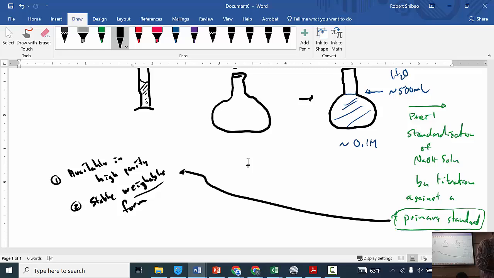If something only weighed in single digits, that would give me 5 sig figs. If it weighed less than 1, it'd give me 4. So I can get a lot of sig figs, and so primary standards have to be weighable, because when we weigh things, we can weigh them much more accurately than measuring volume.